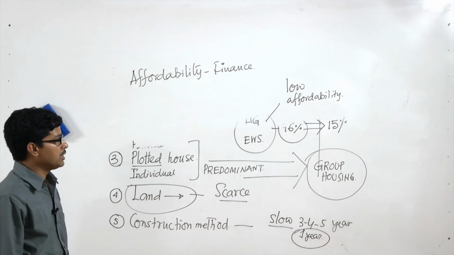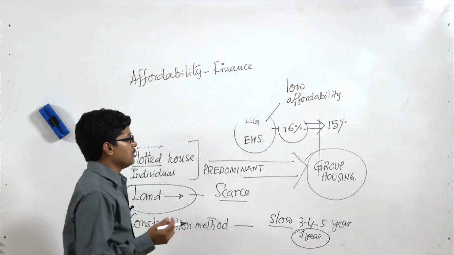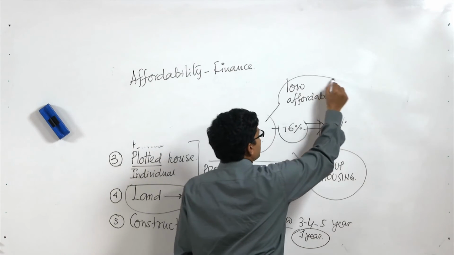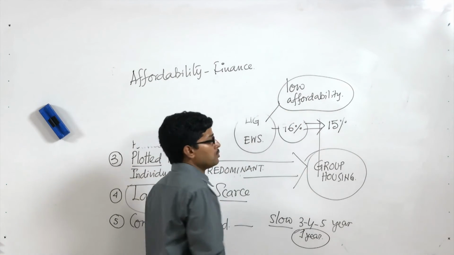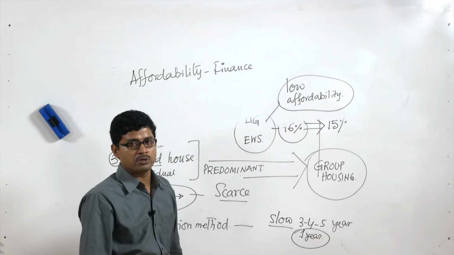So after that they have very little money which they can spend for their housing. So this low affordability towards housing for the low income group and economically weaker section is a very, very important phenomenon in the Indian situation.